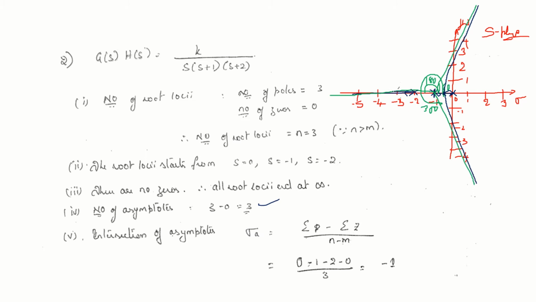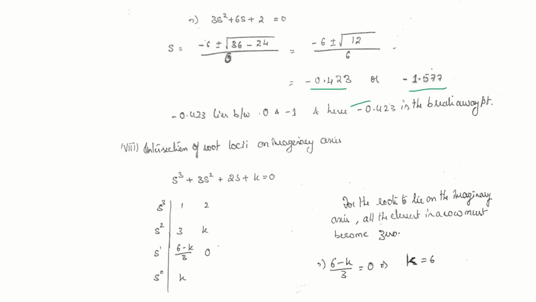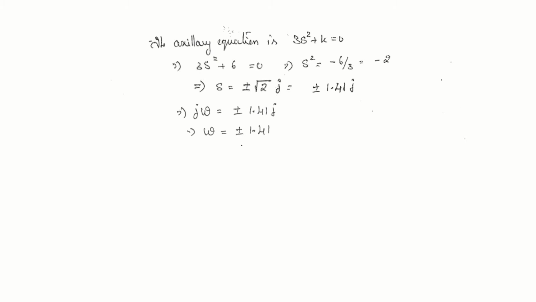Another root locus will go asymptotically like this, and another one like this. At what point will this intersect the imaginary axis? For that, form the Routh array and equate this to 0. You'll get K equal to 6. Then form the auxiliary equation and find the omega value, that is 1.41.